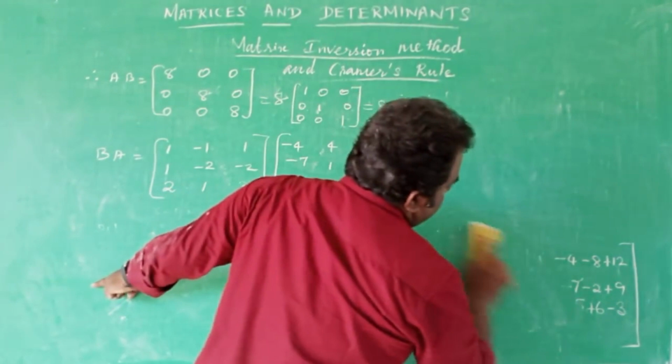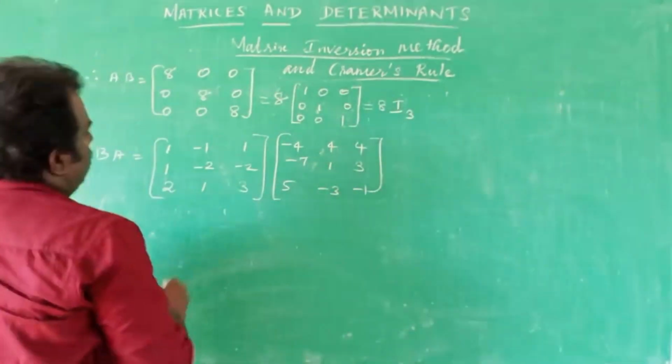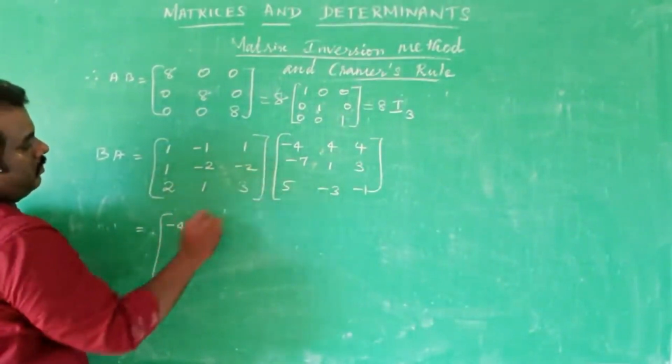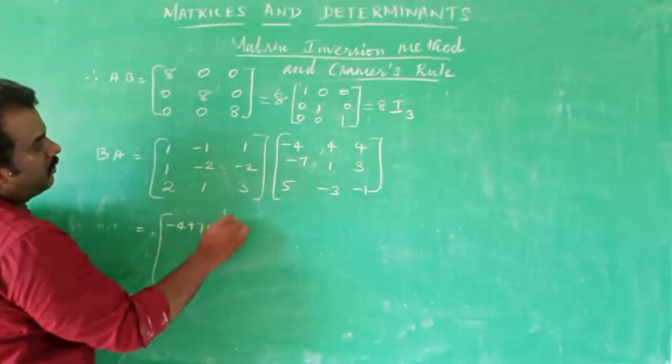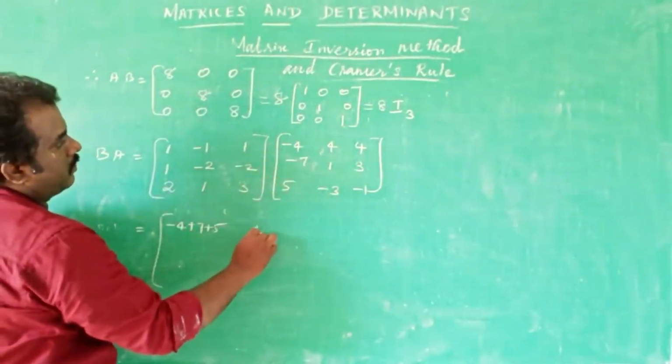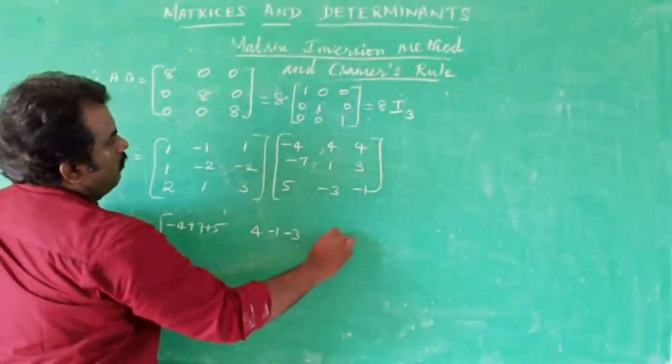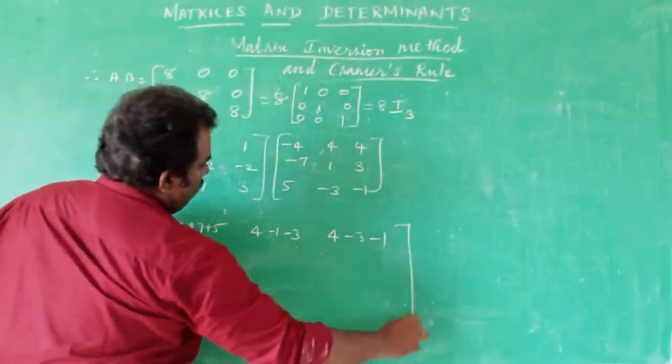The usual matrix multiplication of row by column method. First row, first column: minus 4 plus 7 plus 5. First row, second column: plus 4 minus 1 minus 3. First row, third column: plus 4 minus 3 minus 1.